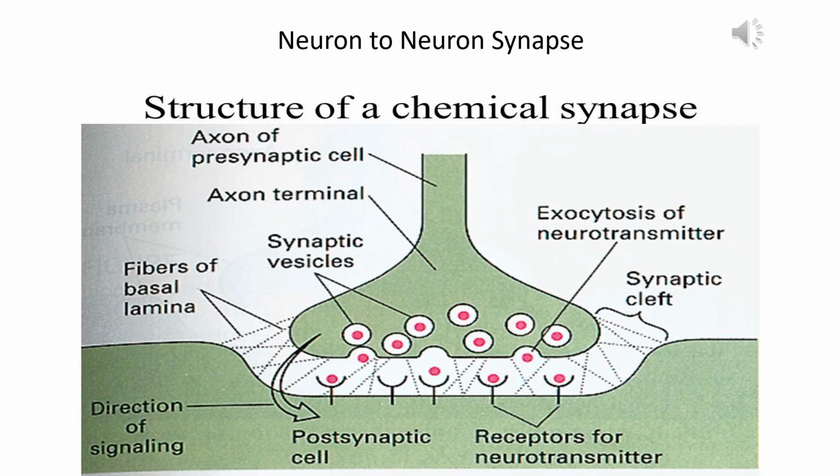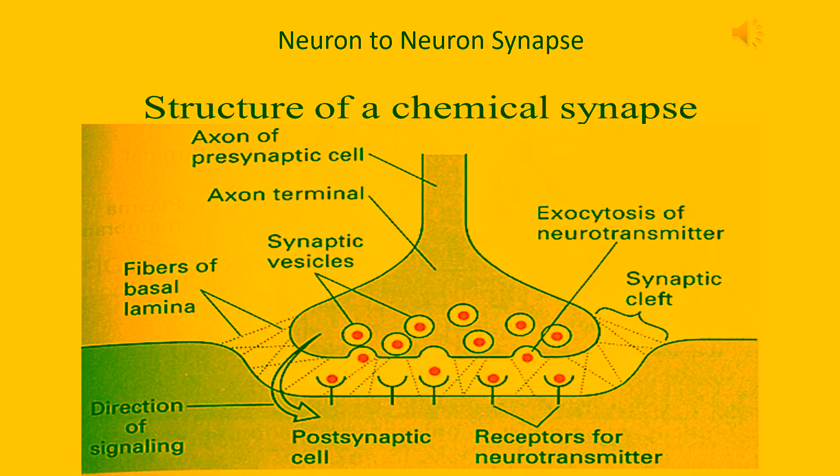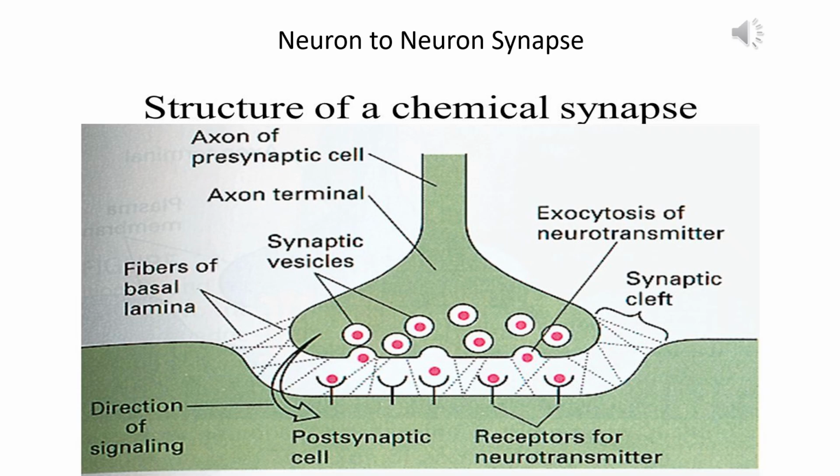So the length of time that the neurotransmitter is allowed to have its effect can be changed. So the selective serotonin reuptake inhibitor inhibits the reuptake of serotonin into the presynaptic cell, therefore prolonging the period of time that it has its effect on the postsynaptic cell.